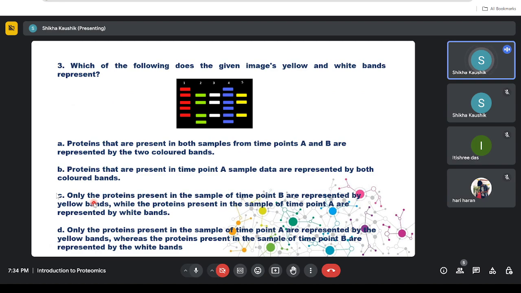Only the proteins present in the sample of time point B are represented by the yellow band, while the proteins present in the sample of time point A are represented by the white band. Only the proteins present in the sample of time point A are represented by the yellow band, whereas the proteins present in the sample of time point B are represented by the white band. So which answer is right here?